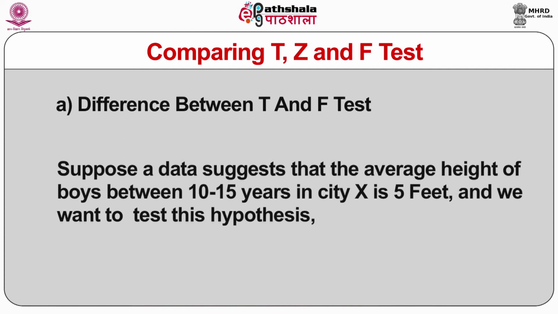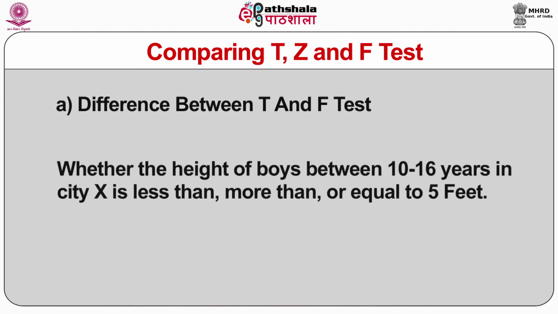For example, suppose data suggests that the average height of boys between 10 to 15 years in city X is 5 feet. Then we want to test this hypothesis, whether the height of boys between 10 to 16 years in city X is less than, more than or equal to 5 feet.